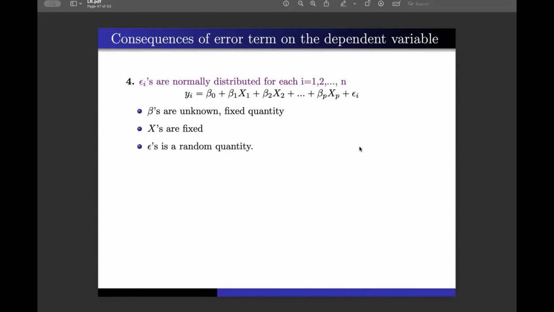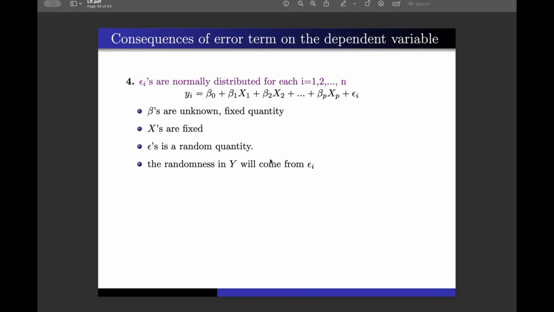Therefore, the behavior of yi, which is completely dependent on all the terms you have on the right hand side, betas and xi's being fixed, do not really affect yi. So the randomness again in y only comes from the randomness or noise you have in the error term.